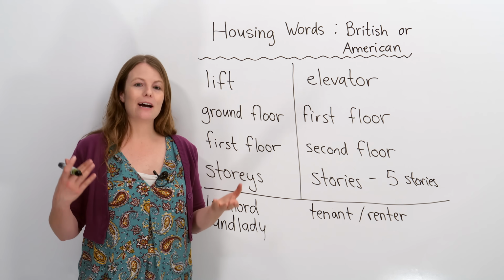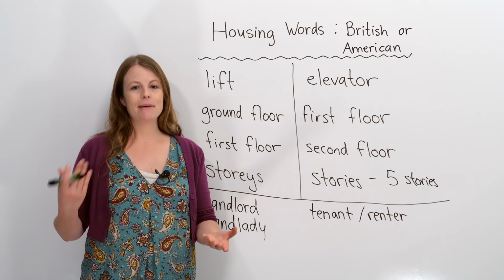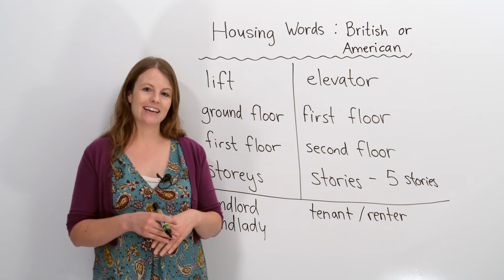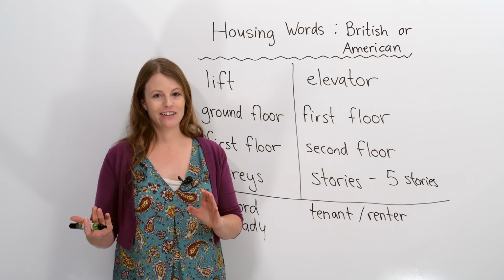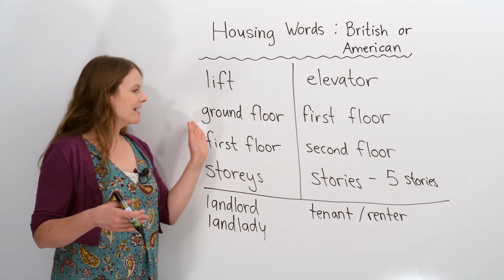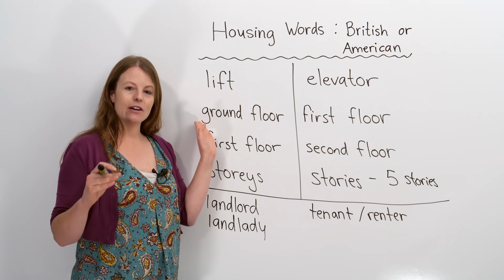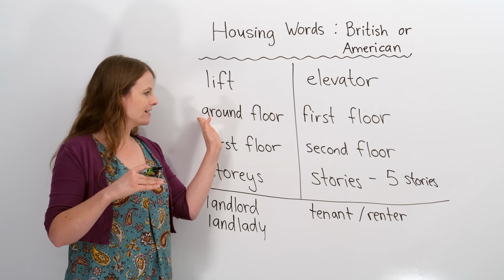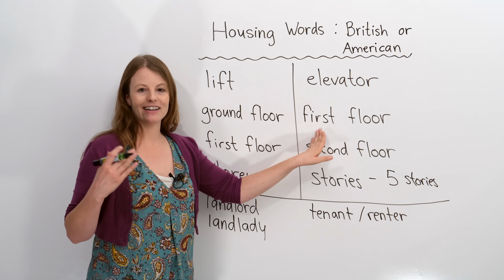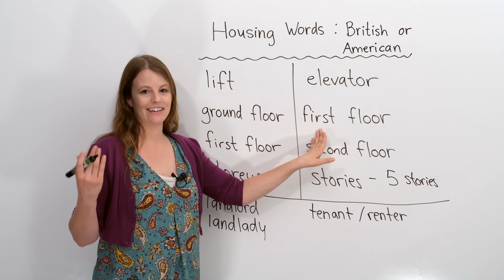When we are talking about floors, there is a big difference between North American English and British English. So in England, the ground floor means the first floor in North American English.